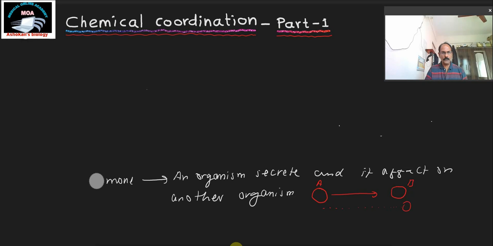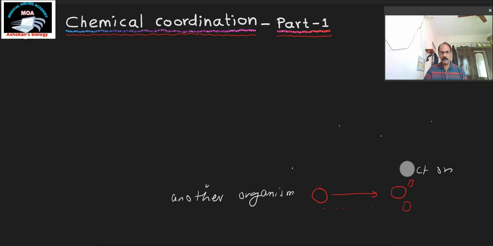Not only does the testis produce sperm, along with the sperm it also produces some hormones. So the testis is also acting as an endocrine gland. The ovary is also acting as an endocrine gland. We already studied estrogen and progesterone secreted by the ovary. So what are the different types of endocrine glands? We will first make a list of these endocrine glands.